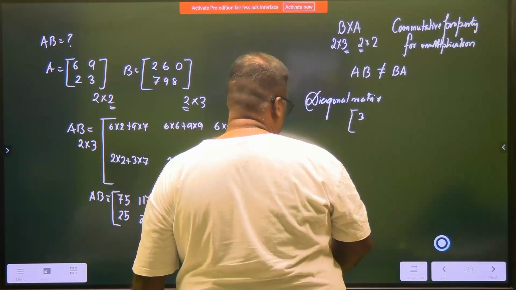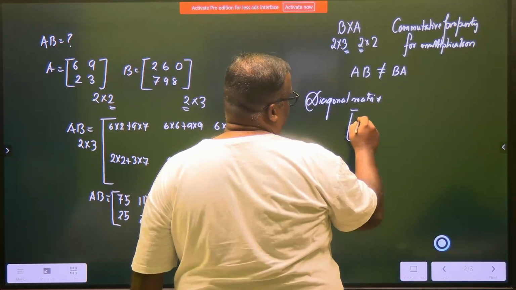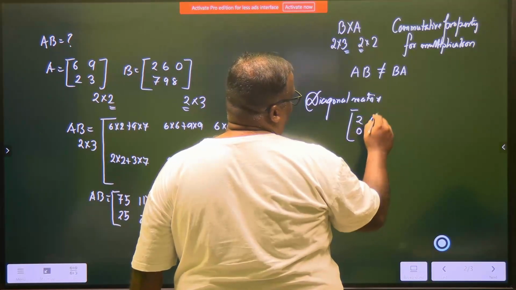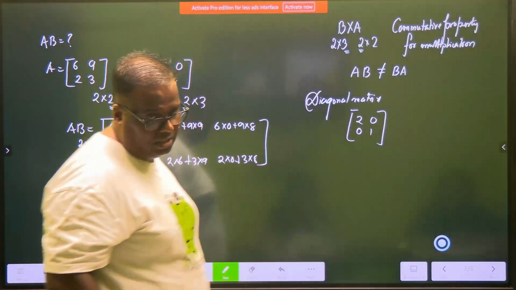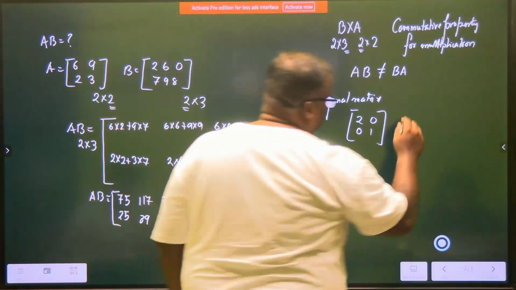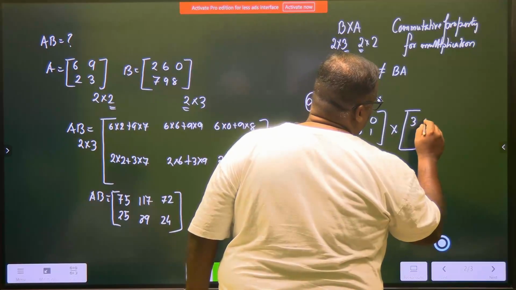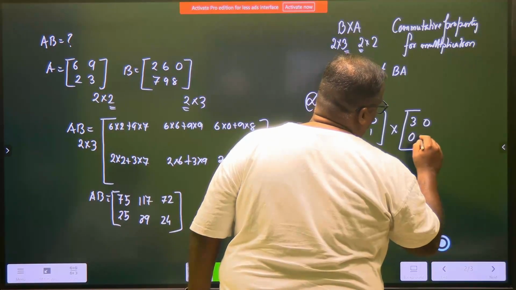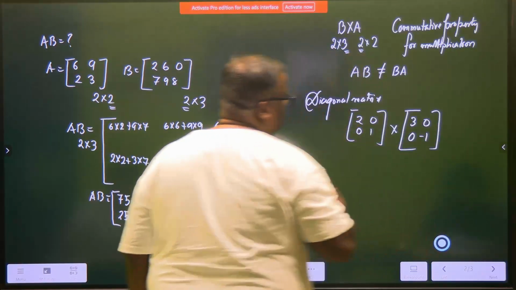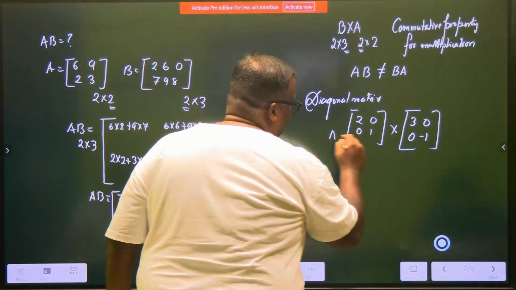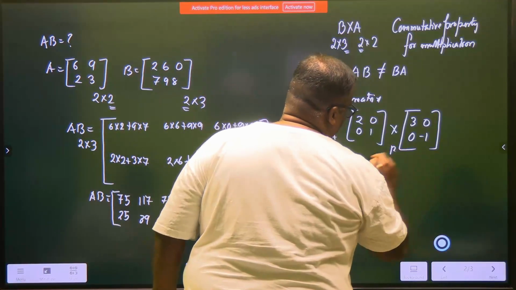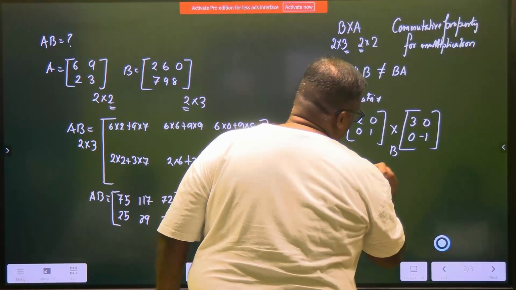Take a smaller number, say 2, 0, 0, 1. This is a diagonal matrix. And try to multiply this matrix with, say, 3, 0 and 0, minus 1. This is your A and this is your B. Now you will be able to see that AB is equal to BA.